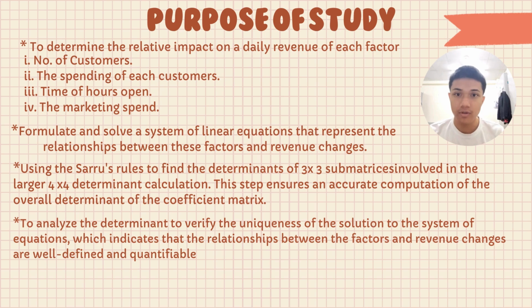Using Sarrus' rule to find the determinant of 3 by 3 submatrices involved in the large 4 by 4 determinant calculation. These steps ensure an accurate computation of the overall determinant of the coefficient matrix. We analyze the determinant to verify the uniqueness of the solution to the system of equations, which indicates that the relationship between the factors and revenue changes is well defined and quantifiable.